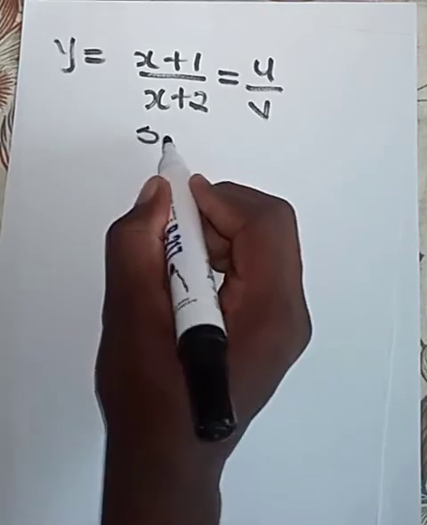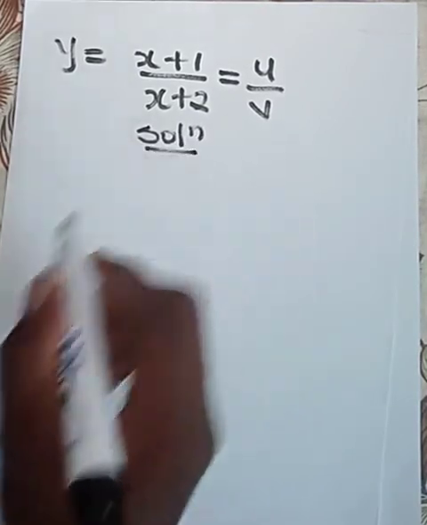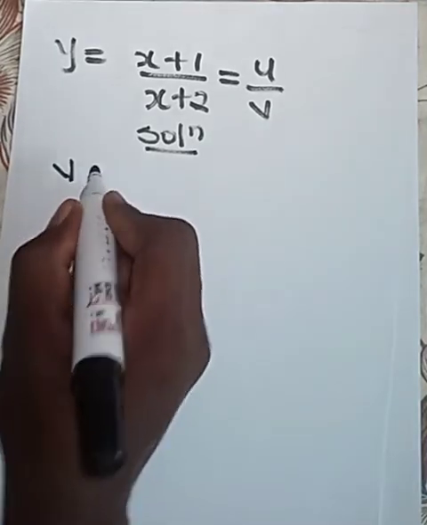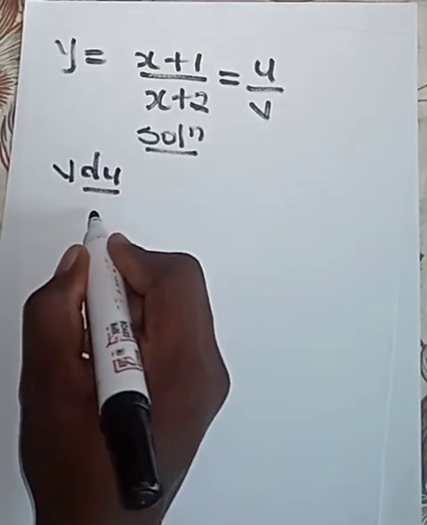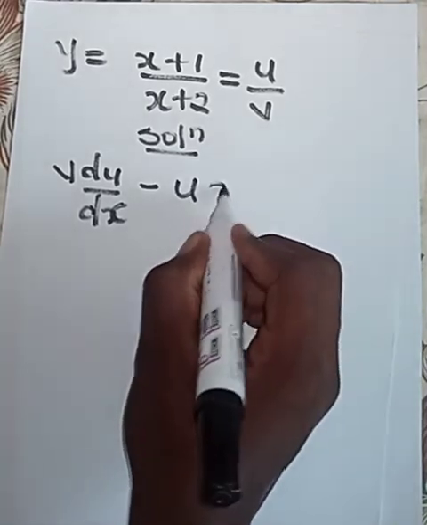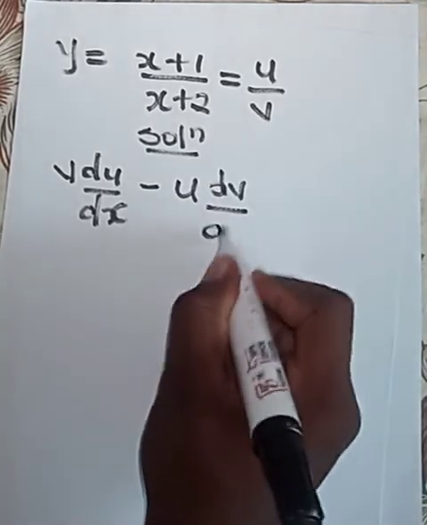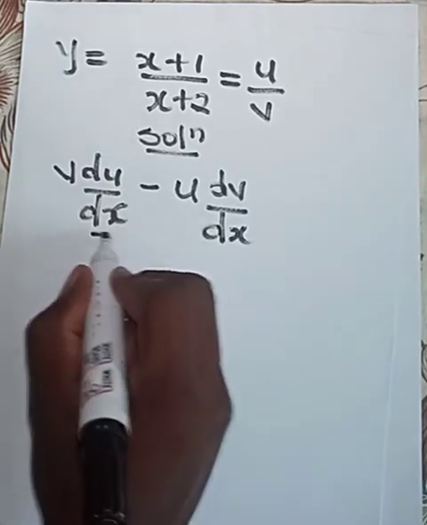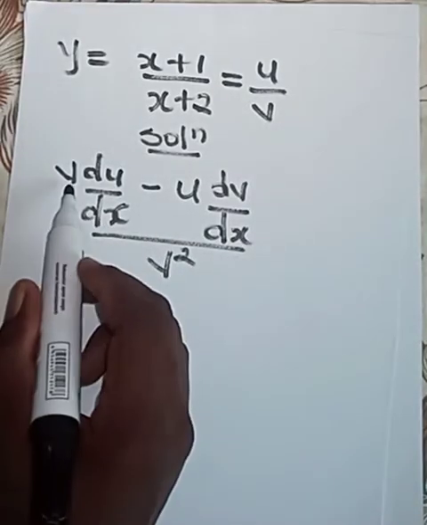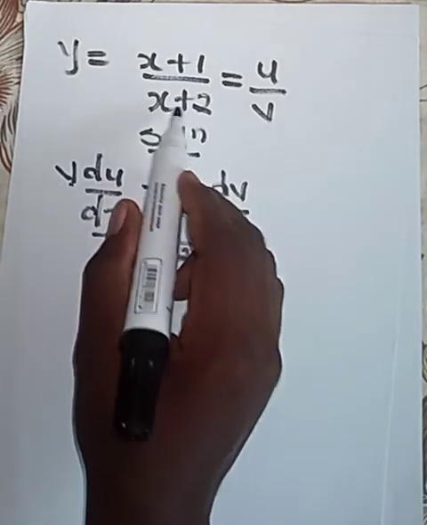So the solution to this, we're going to apply the formula v du on dx minus u dv on dx, over v squared. So what is v? v is given by x plus 2.